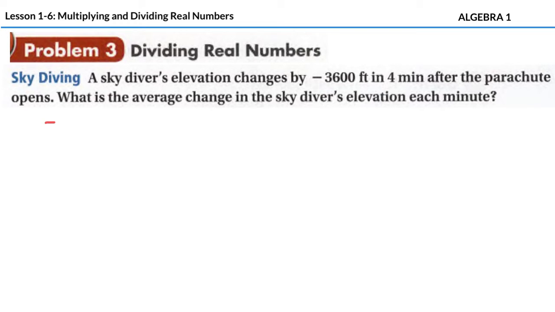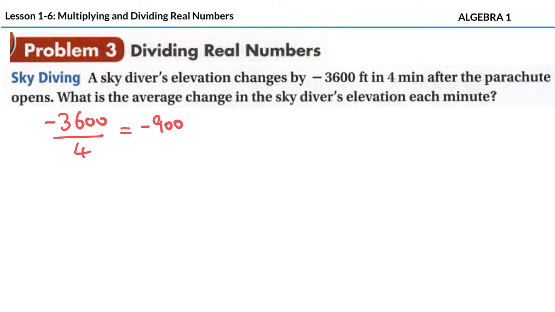So negative 3,600 divided by 4. What will be the sign of the quotient? Is it going to be positive or negative? It's going to be negative because two numbers with different signs, opposite signs. And of course 3,600 divided by 4 is 900.